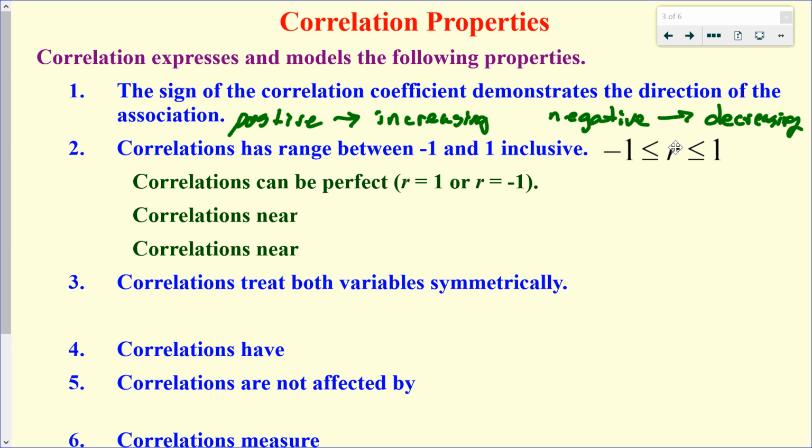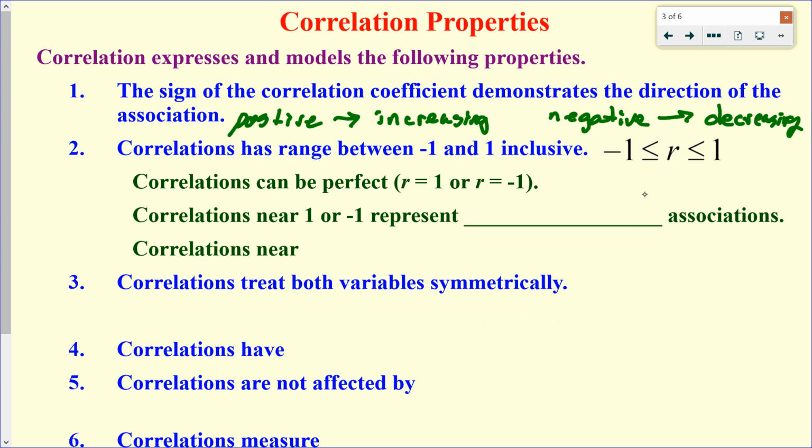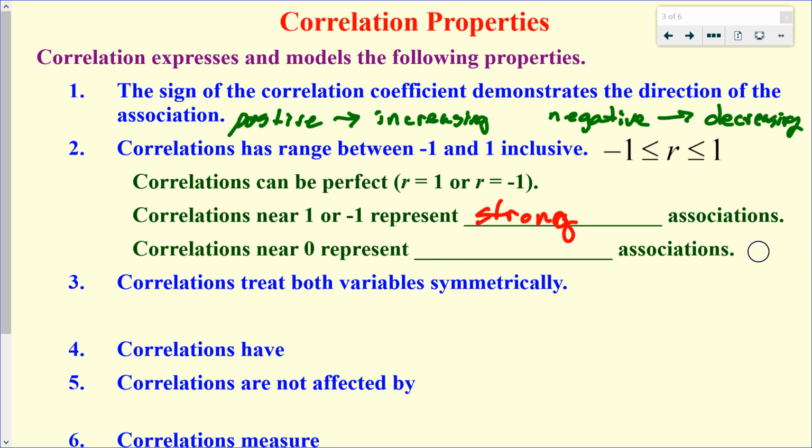Remember that correlations that are near 1 or -1 have strong associations, and correlations that are near 0 represent weak associations, and everything else in between.